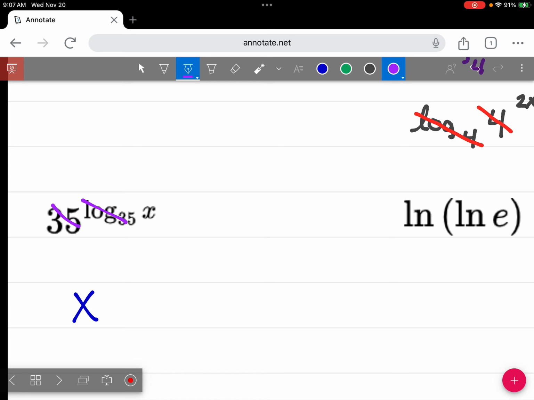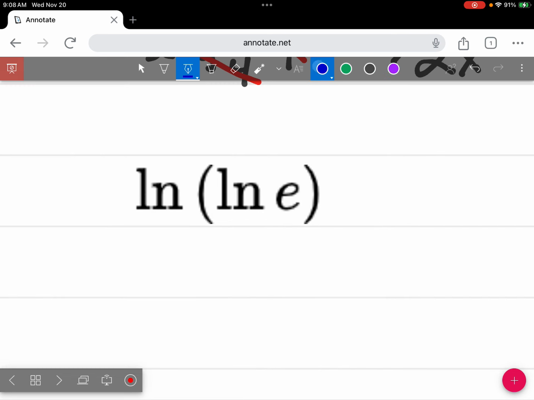The next two are slightly trickier. So we have the natural log of the natural log of e. So start from the inside. What is the natural log of e? One.